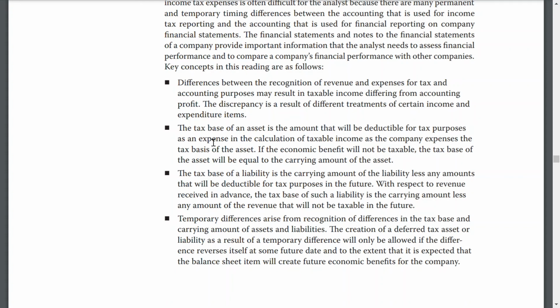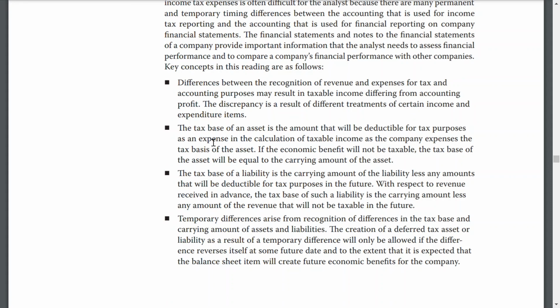The tax base of a liability is the carrying amount of the liability less any amount that will be deductible for tax purposes in the future. With respect to revenues received in advance, the tax base of such a liability is the carrying amount less any amount of revenue that will not be taxable in the future.